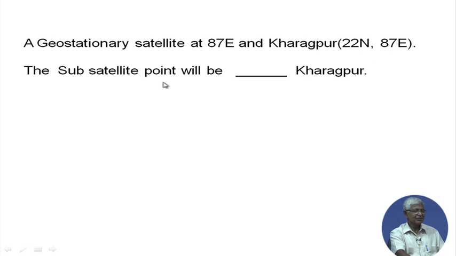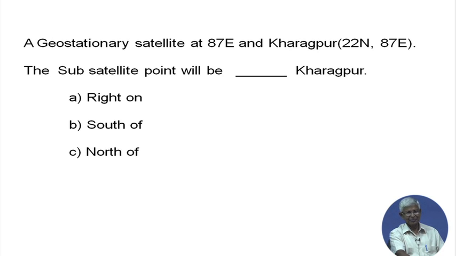The sub-satellite point will be right on Kharagpur, south of Kharagpur, north of Kharagpur, east of Kharagpur, or west of Kharagpur? Think, and then you should answer. Don't look at the next part of the video and try to find the answer.